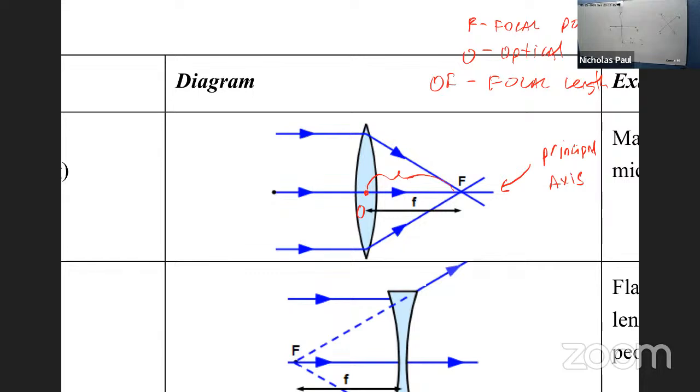And one more definition. At the focal point, there's an imaginary perpendicular line, and that entire line is what we call our focal plane.